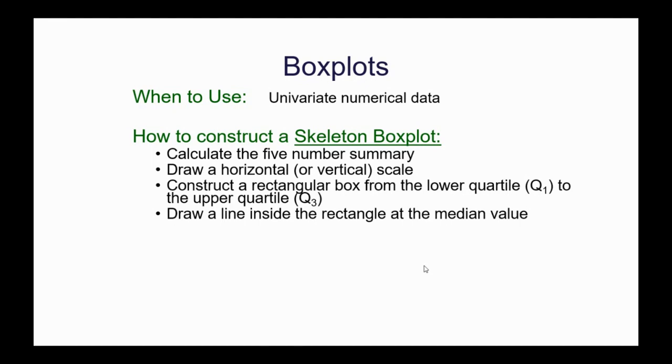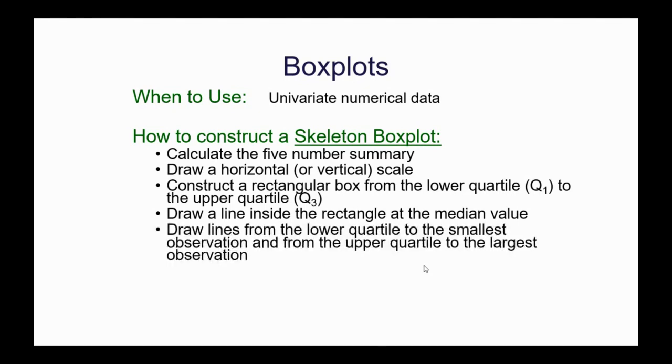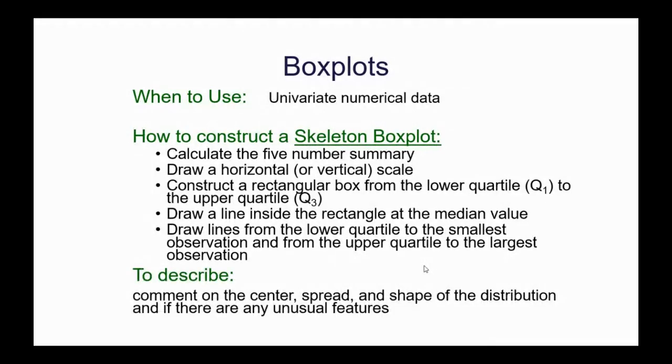And then we draw lines from the lower quartile to the smallest observation, and from the upper quartile to the largest. That's where we get the term whiskers from. It looks like a box with whiskers. And then to describe, we cuss the graph.